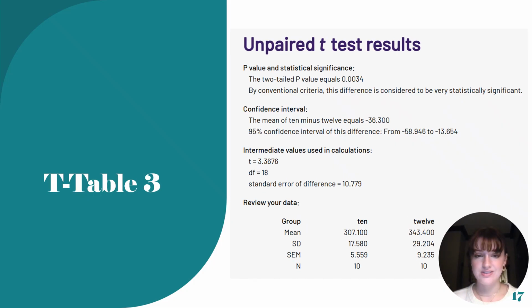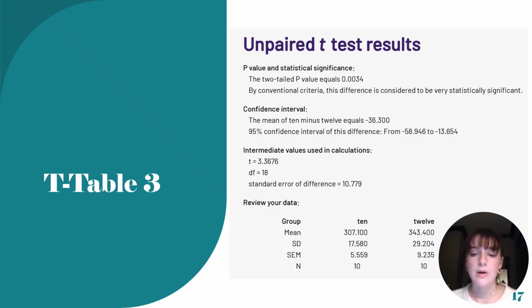So yeah, next slide. So here's the third t-test. Here we're comparing the 10-degree incline with the 12-degree incline. And at the top it says the p-value is 0.0034. So again, these data points are not overlapping a whole lot, so the incline of the ramp is definitely changing the distance traveled by the car.